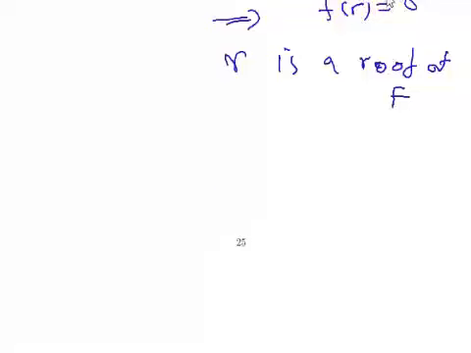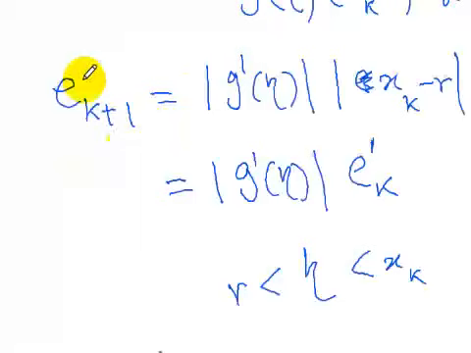So this is the convergence of fixed point iteration. This is the current stage, this is the previous stage. The error at the current stage is equal to the modulus of g prime times the error at the previous stage, right?